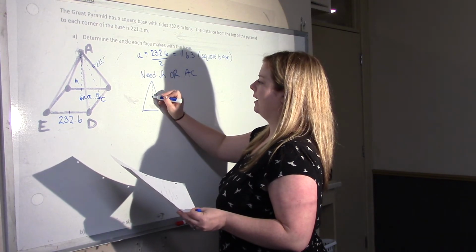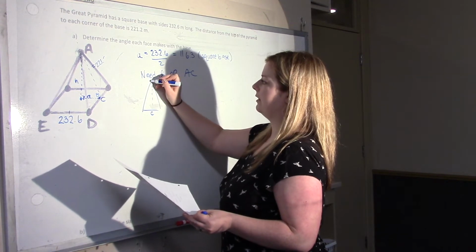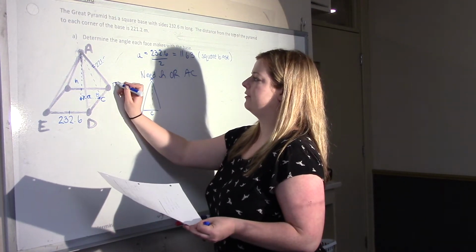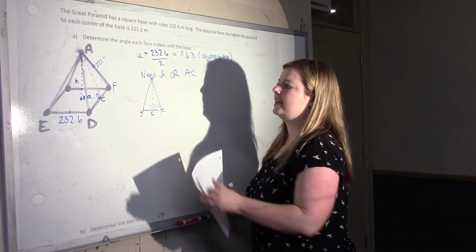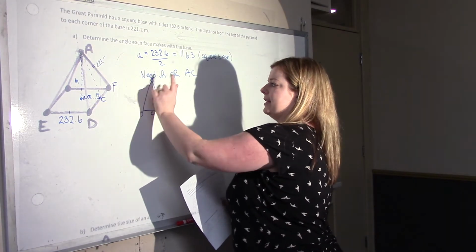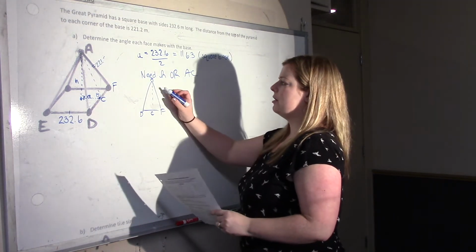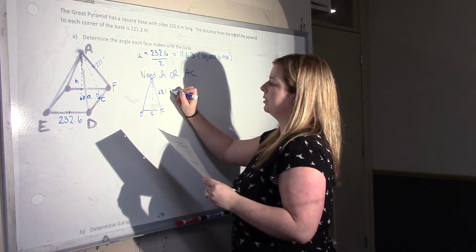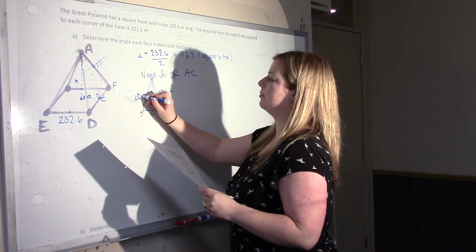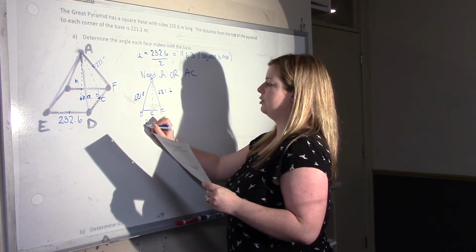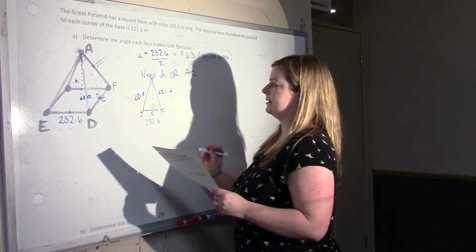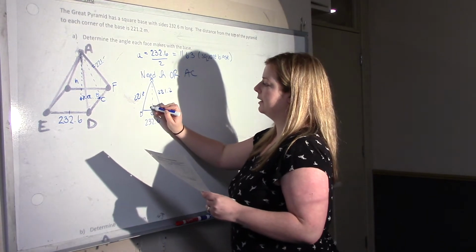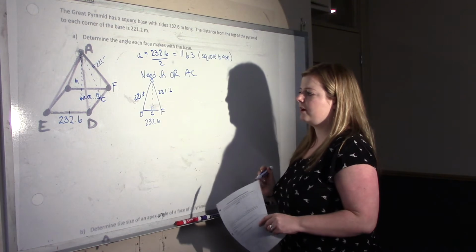Here is C, here's A, and here's D, and we'll call this F. So I'm taking this side of the pyramid and just looking at it flat. I know that this is 221.2, and this is 221.2, and this is 232.6. So I can find AC by just dividing that into one right triangle.